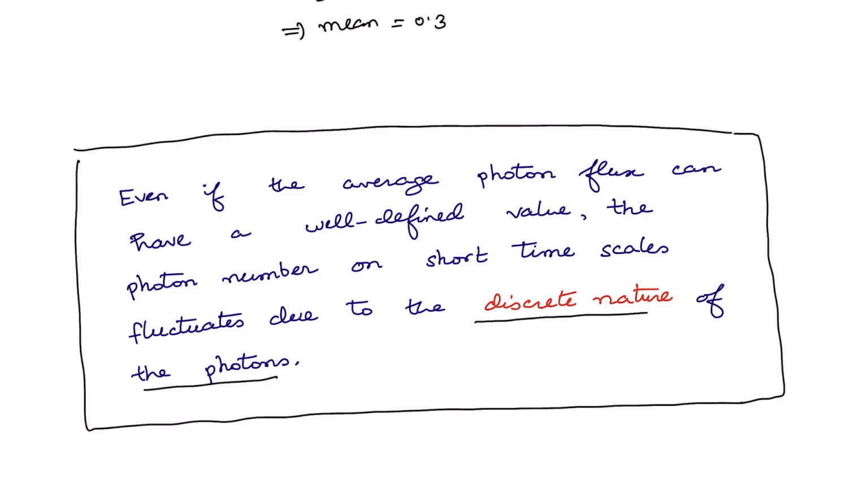Because of the discrete nature of the photons, you are having this fluctuation, and these fluctuations are described by the photon statistics of light. Now let us investigate the statistical nature of various types of light. First, let me consider a perfectly coherent light with a constant intensity, and we'll see that such light exhibits Poissonian photon statistics.